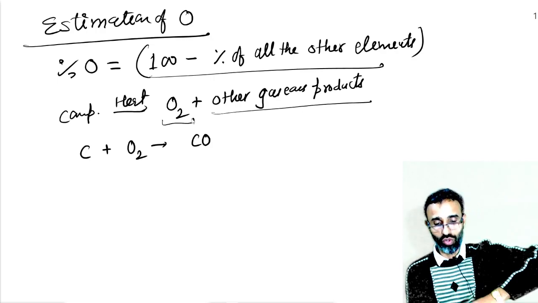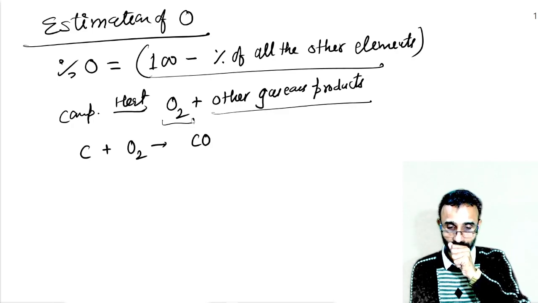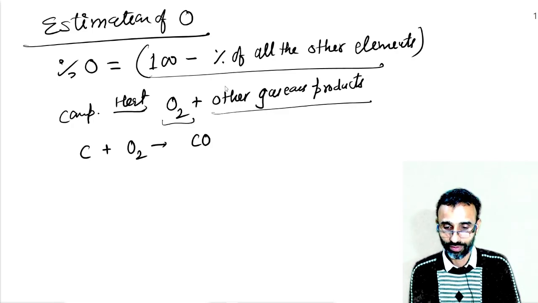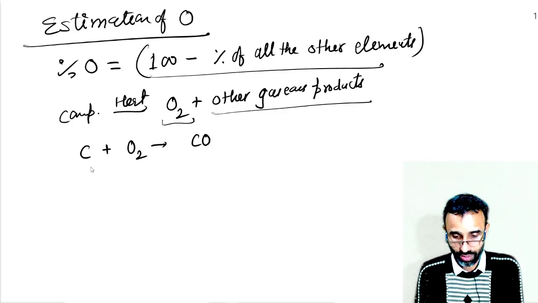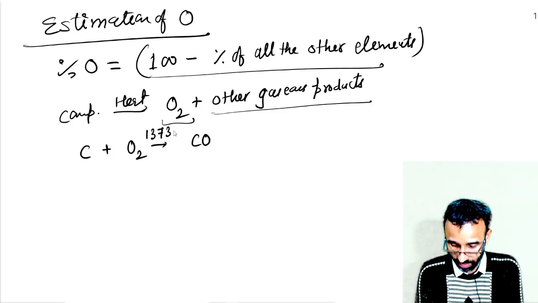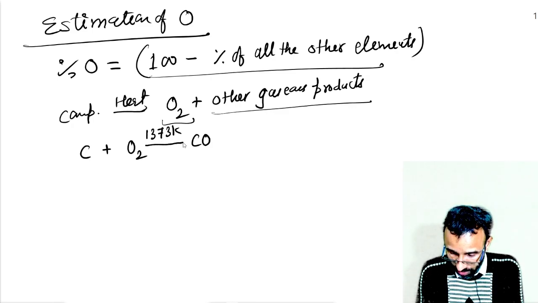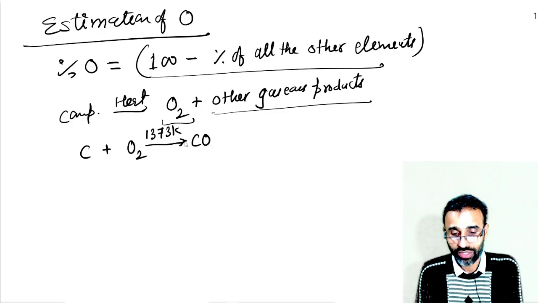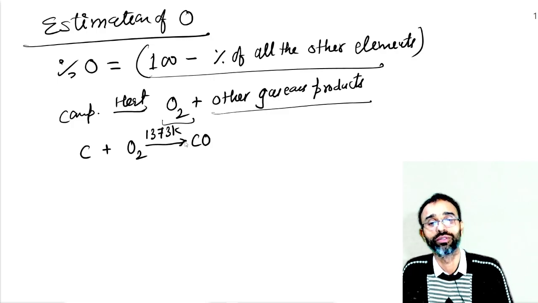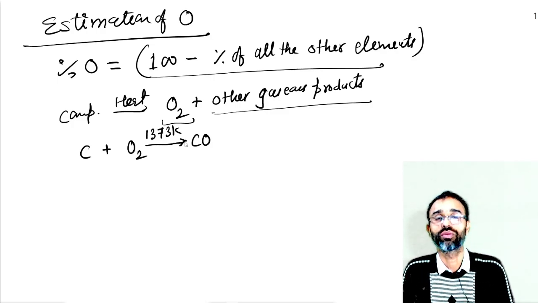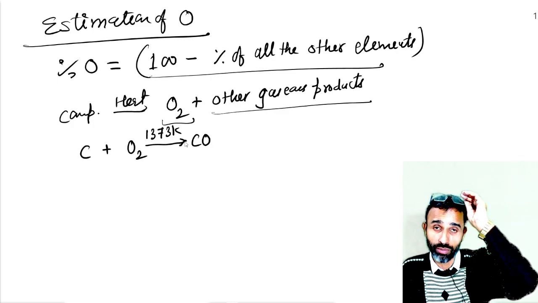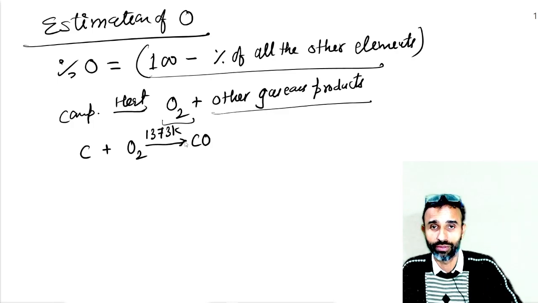Then there is a red hot coke at 1373 Kelvin. At high temperature, when carbon is burned, instead of carbon dioxide we get carbon monoxide, because carbon monoxide is thermodynamically more stable than carbon dioxide.